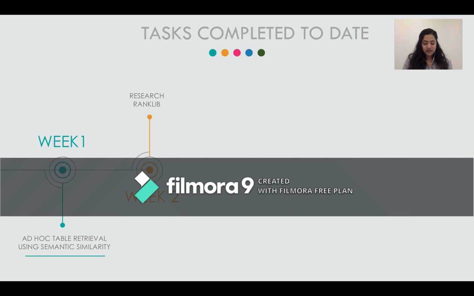Some of the things that we focused on were understanding the different types of learning to rank algorithms, for example point-wise, pair-wise, and list-wise, and what a supervised model was and what an unsupervised model was. We went through this in detail. The paper has a table with the different features that they have used throughout the table to do the semantic matching and the relevance model.